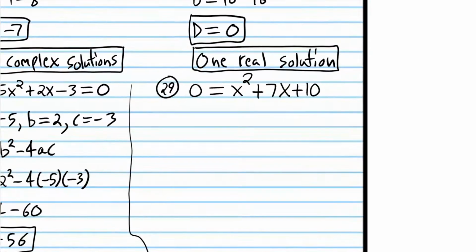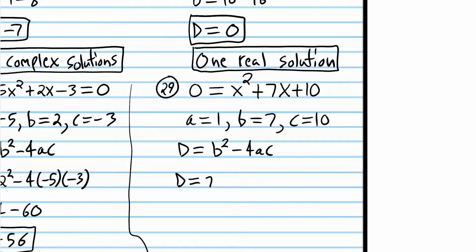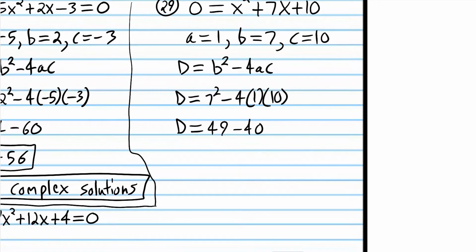All right, we're back. So I'm going to label constants, and I'm going to write the formula for the discriminant. Now we're just going to find the discriminant. And d is equal to 9.